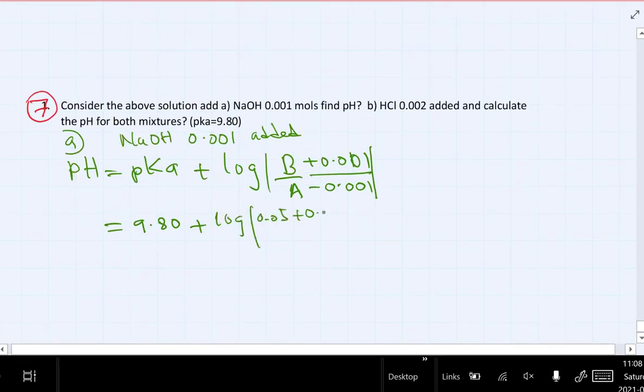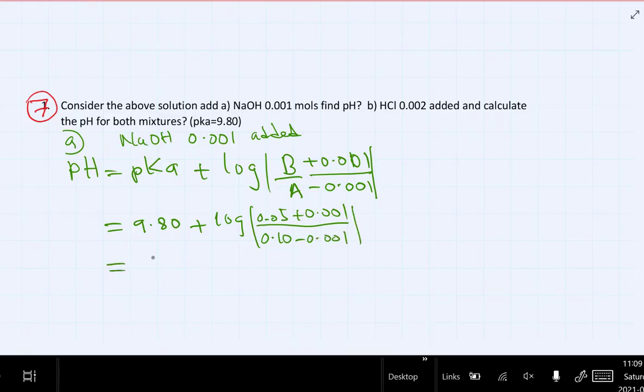If it is an MCQ and you're rushing to finish the exam, do the equation only. Because we added a strong base, add that same amount to the base and subtract the same amount from the acid. Now finish within the brackets, take the log value and add it to the pKa of the original. The original pKa is 9.80.